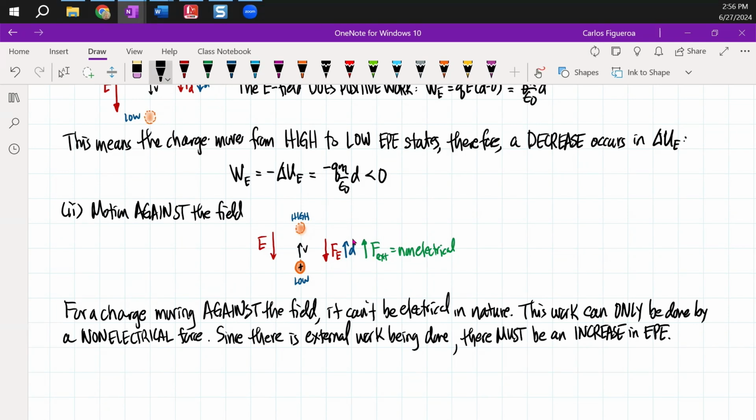Once again, that is, the charge moves from a low to a high energy state.